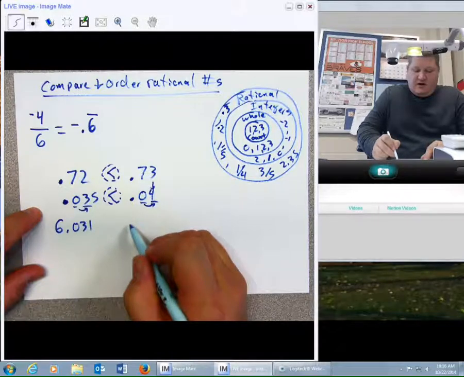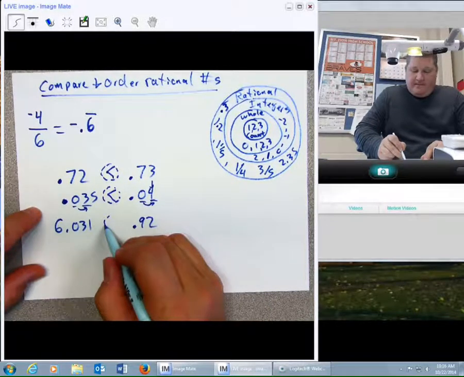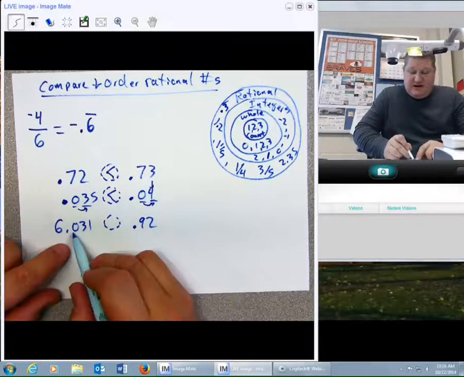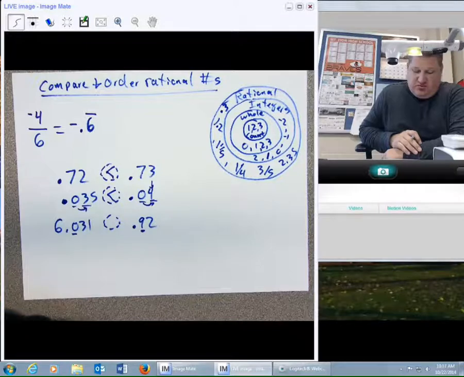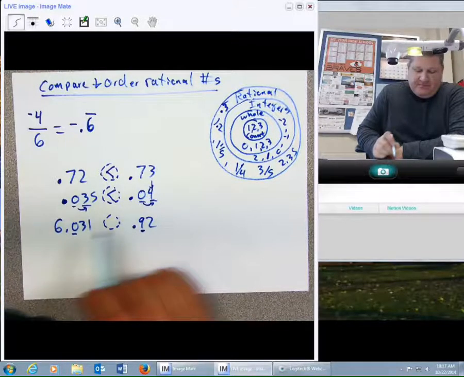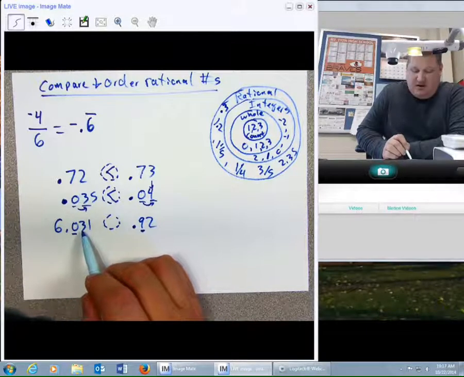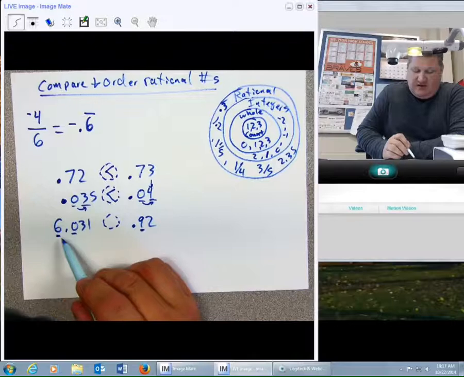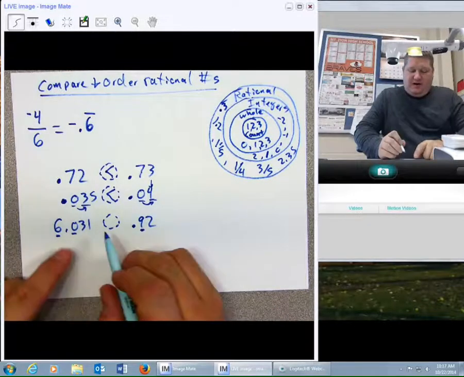Now, I have this, 6.031 and 0.92. In this case, you say, well, wait a minute, 0 is way smaller than 9. And that's true, except that, wait a minute, 0.92 is less than 1. This is 6.031. It's a much bigger number because of the number out front. So we start at the biggest number available and work our way down.